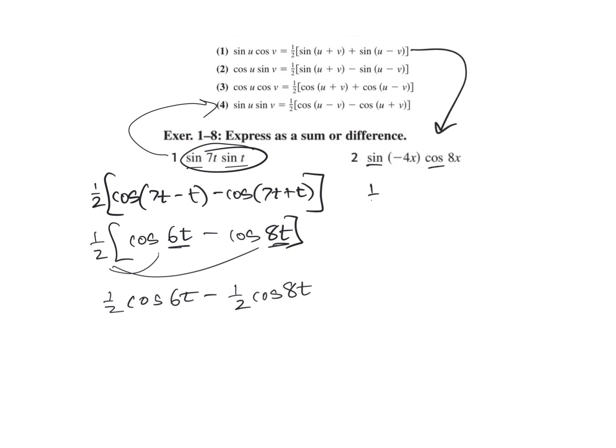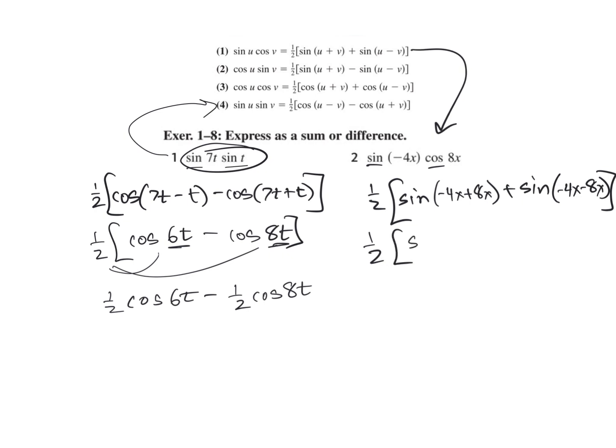So you say 1/2 the sine of the first plus the second, so that's negative 4x plus 8x, and then a plus sign, and then it's the sine of the difference of the two. So negative 4x minus 8x. And we simplify further. That's the sine of 4x plus the sine of negative 12x.